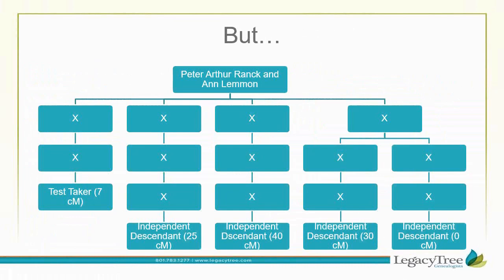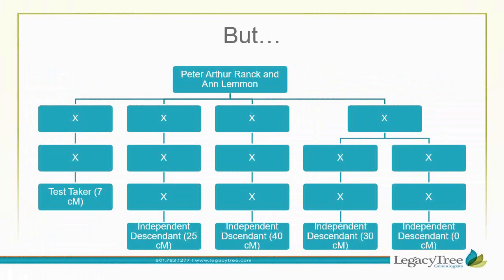This person shares a high amount of DNA with 3 of our independent descendants of Peter Arthur Rank and Anne Lemon, suggesting that they are likely related to this group of individuals through the ancestry of Peter Arthur Rank and Anne Lemon. They may or may not be a valid match to our test taker, but who cares?